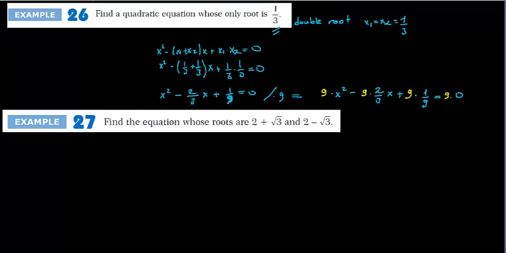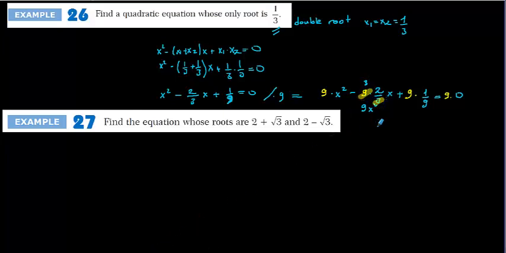Then it's going to be 9x squared; 9 and 3, if you simplify, it's going to be equal to 3. So this is 3 times, and here we simplify this one and this one.